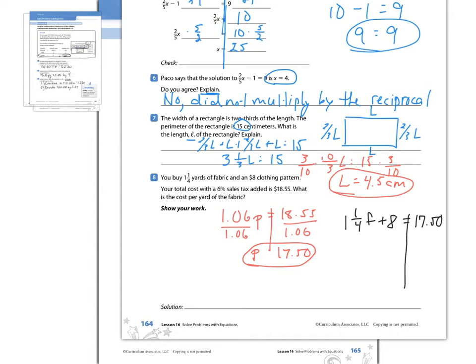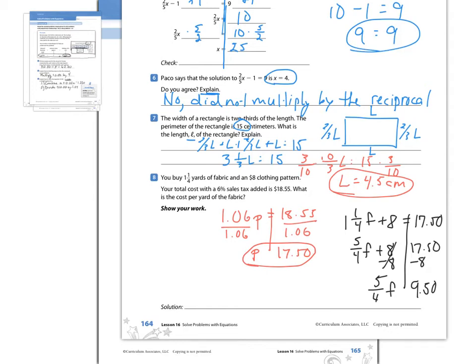We then need to solve that two-step equation. I'm going to change 1 1/4 to an improper fraction of 5/4, plus 8 equal to 17.50. Isolate the variable term by subtracting 8 from both sides. That leaves us with 5/4 F for fabric equal to $9.50.